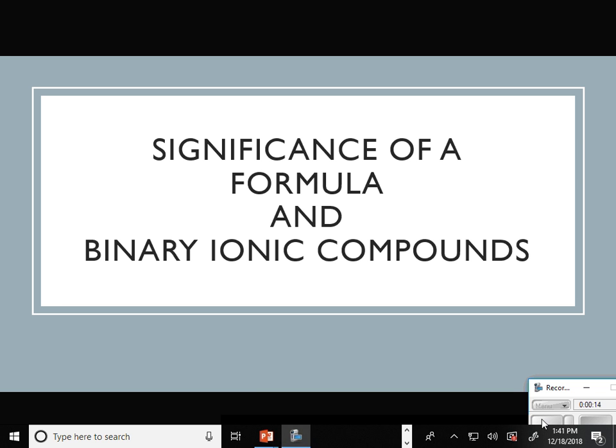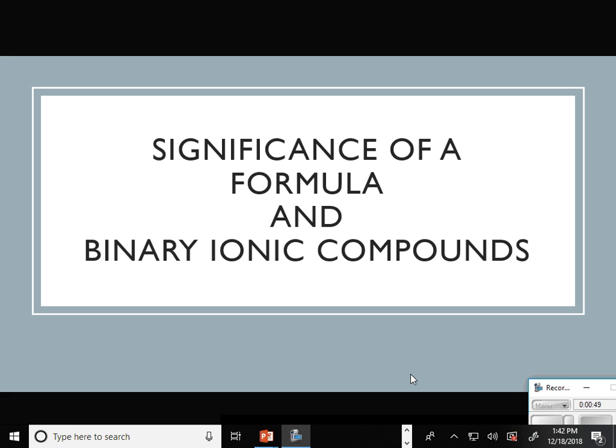So, our objectives are to be able to tell important parts of a chemical formula, to know what parentheses mean, to know subscripts, okay, and finally, to be able to write some formulas if we are given the name of the compound. So we're going to start our discussion of nomenclature.